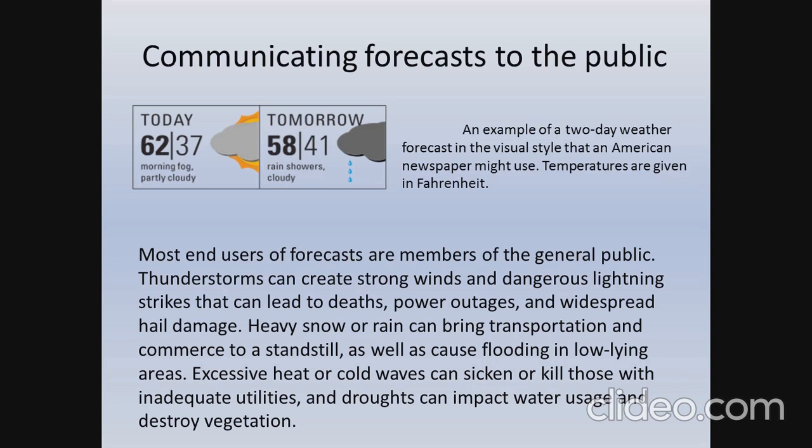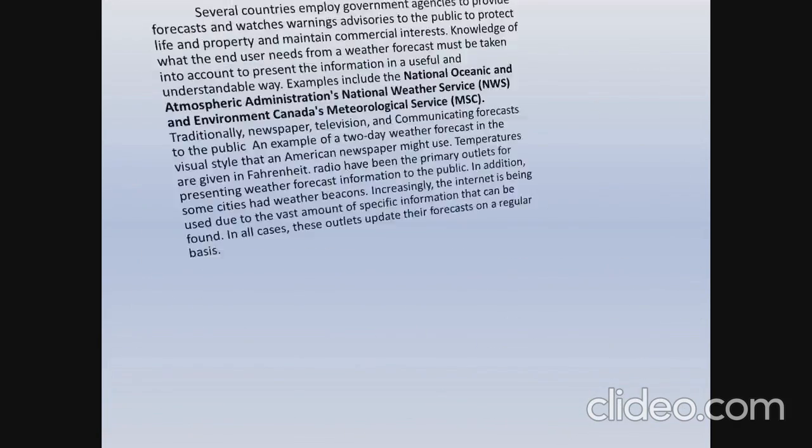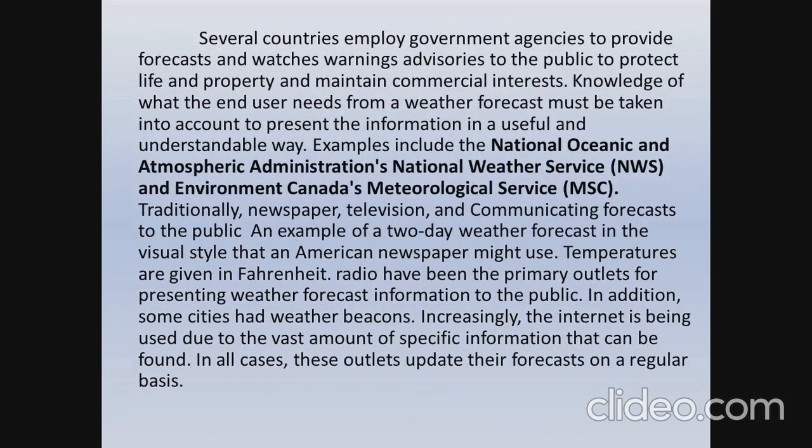Several countries employ government agencies to provide forecasts, watches, warnings, and advisories to the public to protect life and property and maintain commercial interests. Knowledge of what the user needs from a weather forecast must be taken into account to present the information in a useful and understandable way.